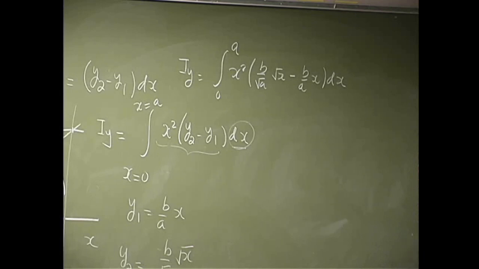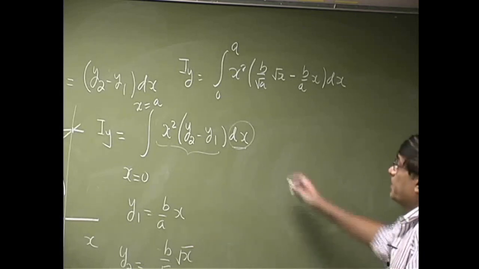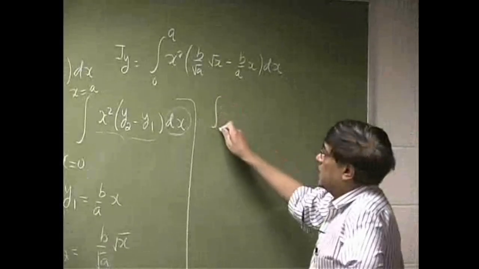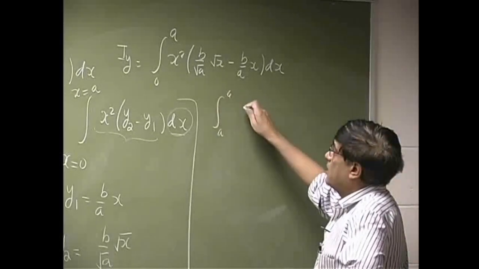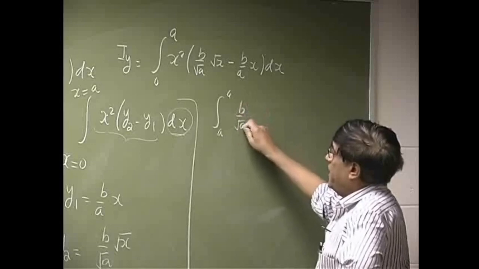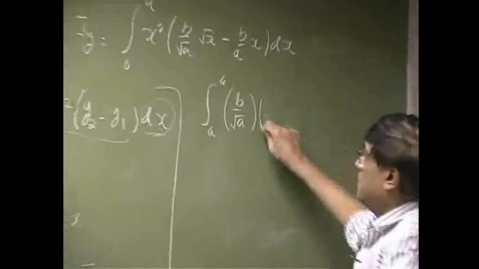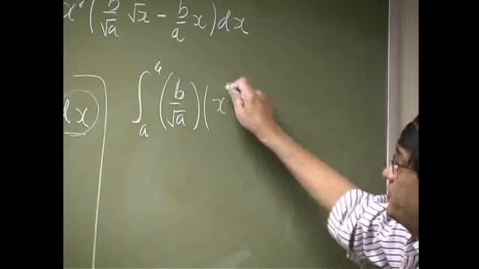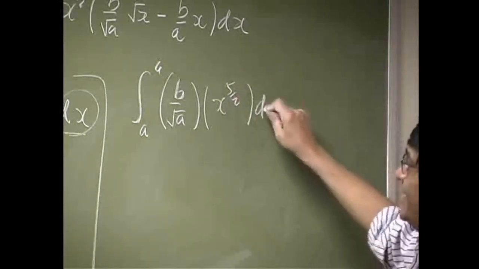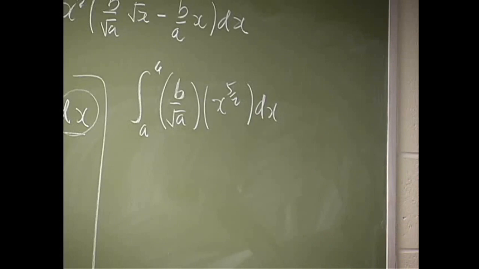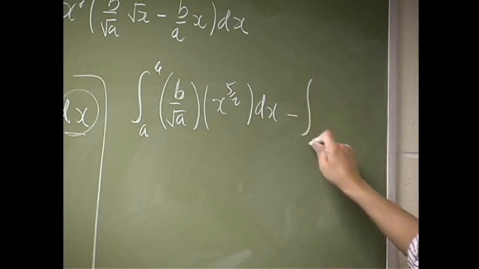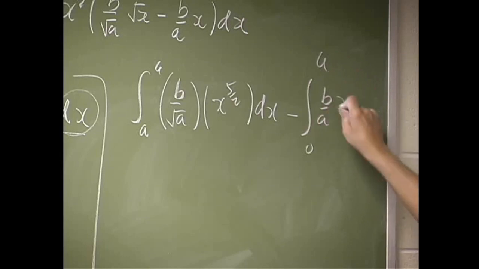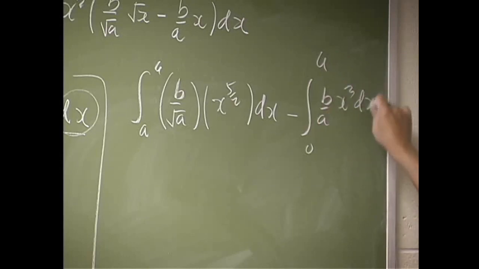That means you should be able to do the integration. So we can have the integral from 0 to a of p over square root a times x to the 5/2 dx, that's the first part of the equation, minus the integral from 0 to a of p over a times x cubed dx.